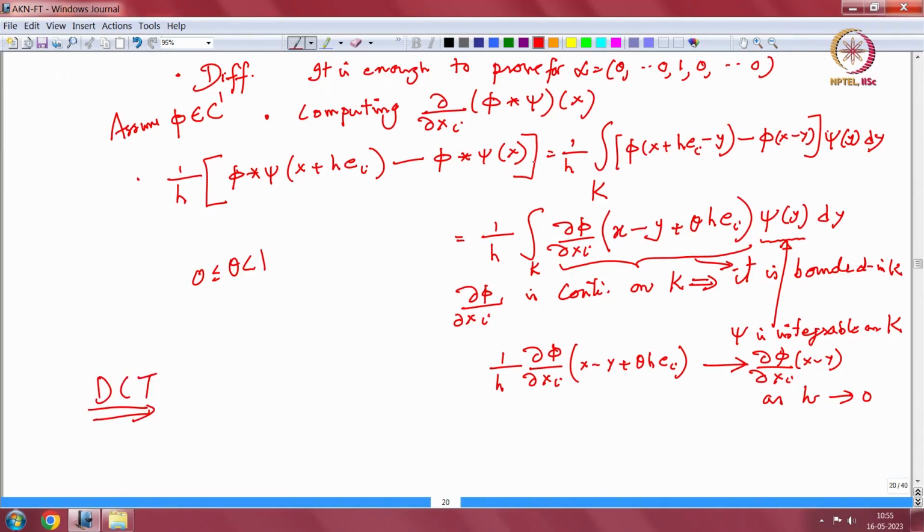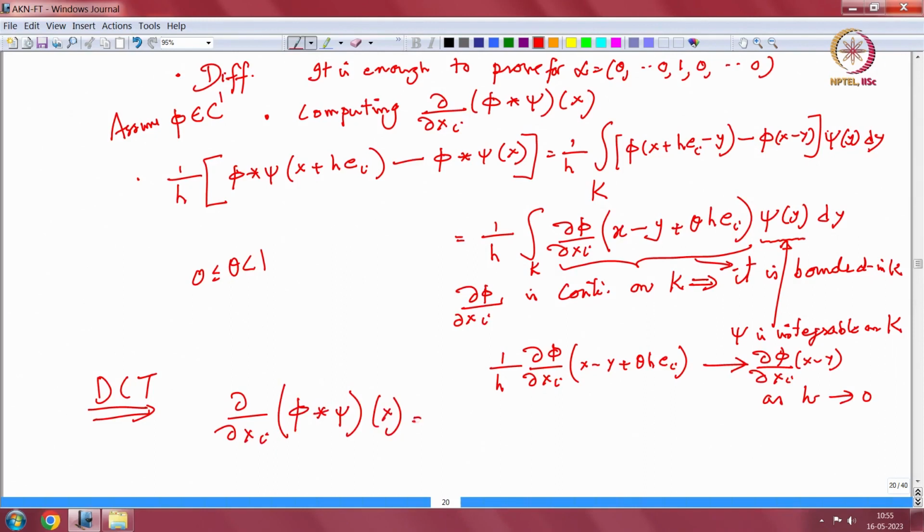So, by the dominated convergence theorem, on the right-hand side we pass to the limit, and the left-hand side limit exists, and you get d by dxi of phi star psi at x.